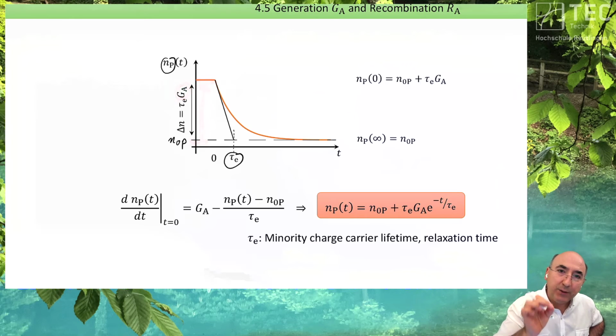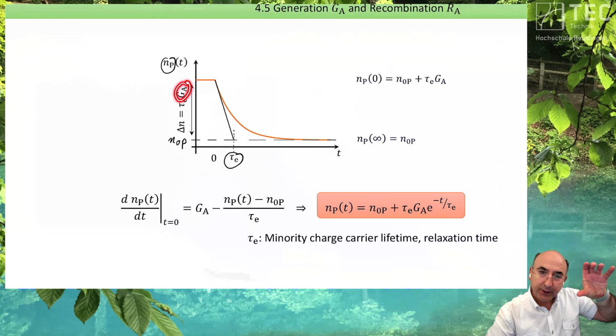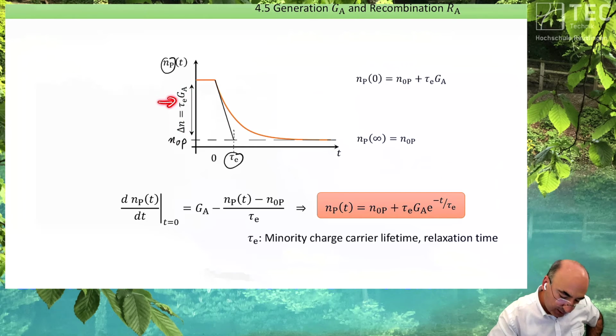And the value between the generation rate, your pouring rate, and the number of additional particles on the grid is this time constant. And the time constant is the slope of this exponential curve at time zero.